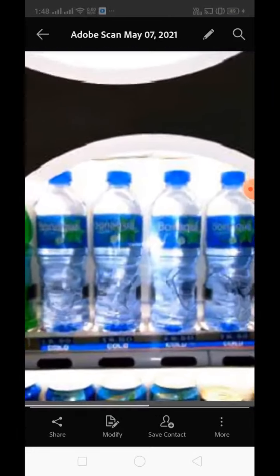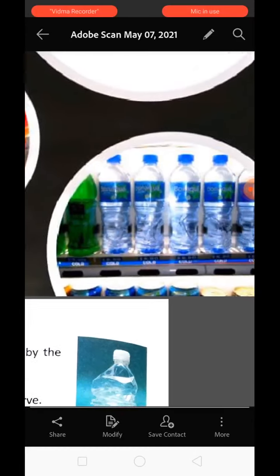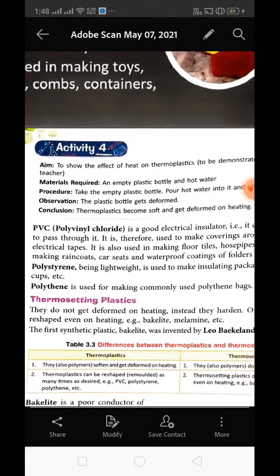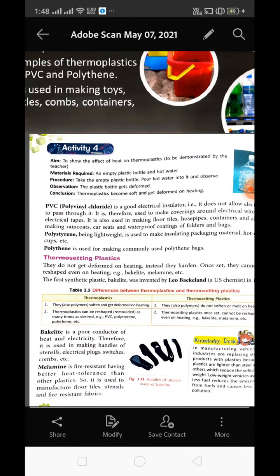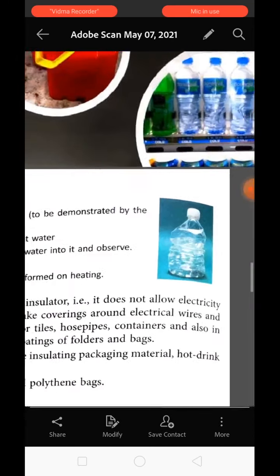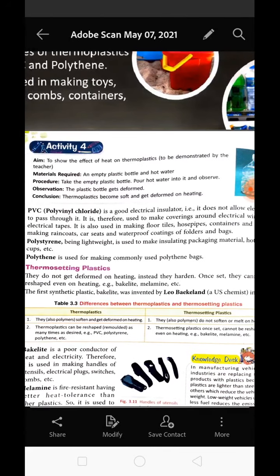This is thermoplastic, which can be easily molded into different shapes. Now next is Activity 4, to show the effect of heat on thermoplastic. What do we need? We need an empty bottle and hot water. Now what we have to do?